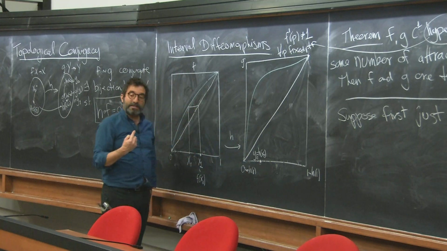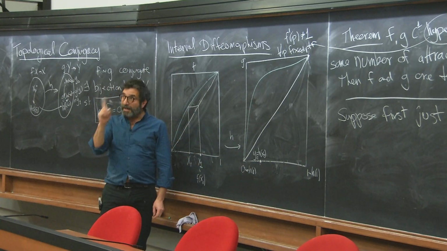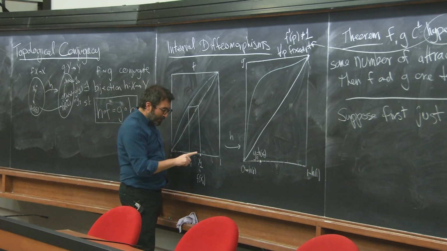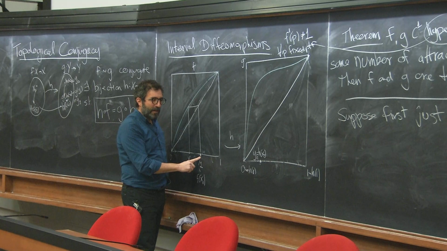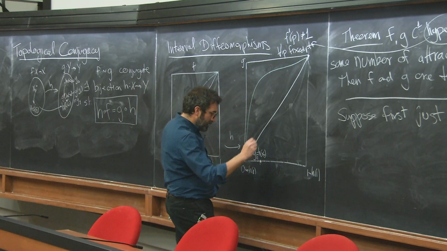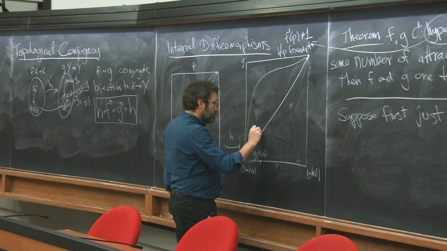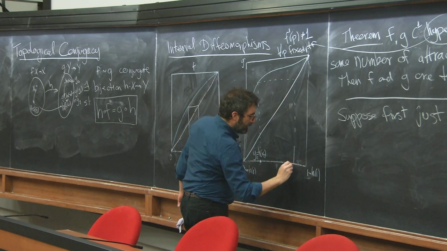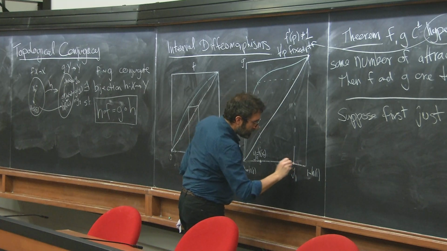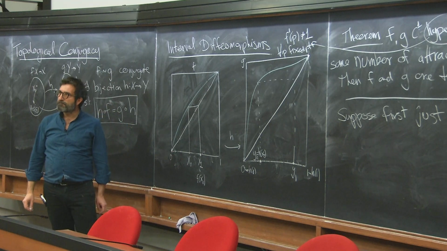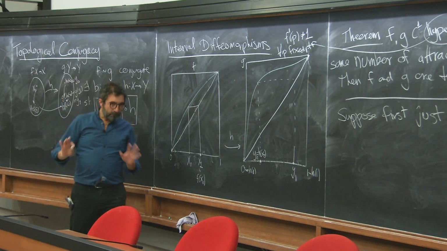But as soon as we've made that choice, we can no longer choose the image of x1, right? So the image of x1 must map to the image of y0 under G. So the image of y0 under G is exactly here. This is y1. Is that okay?